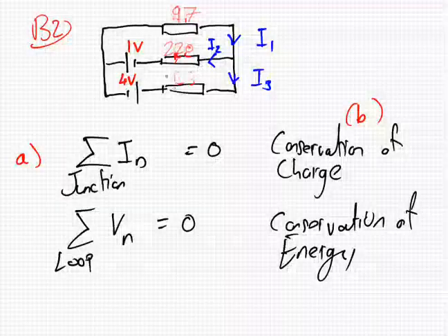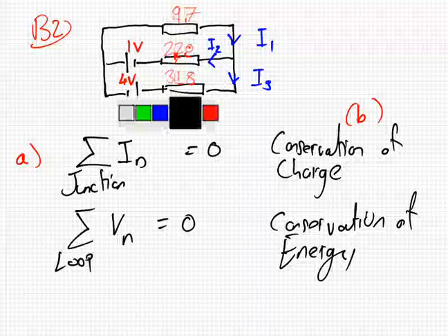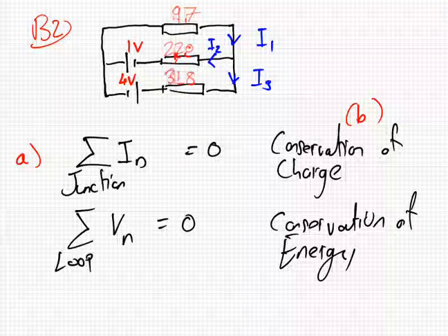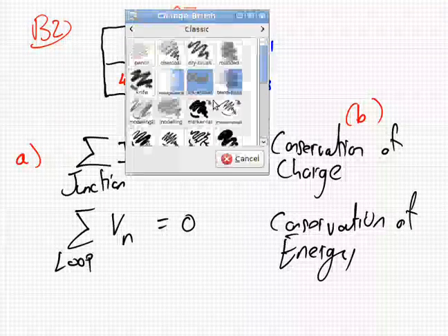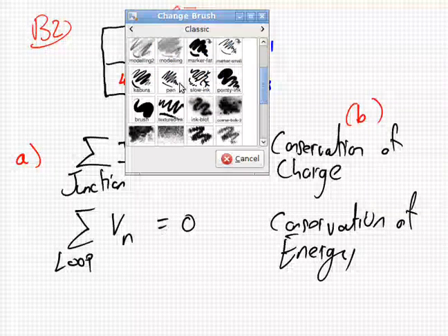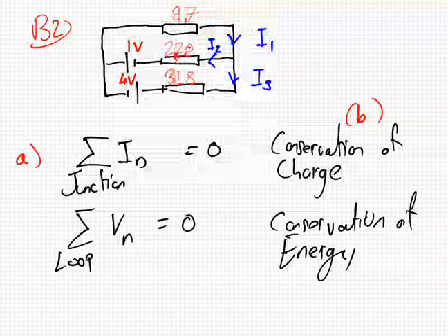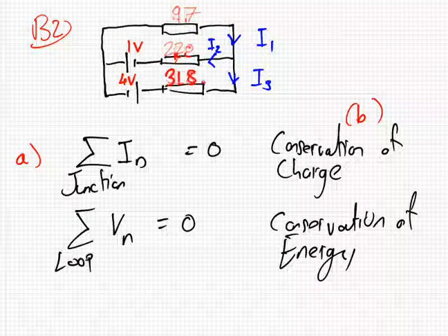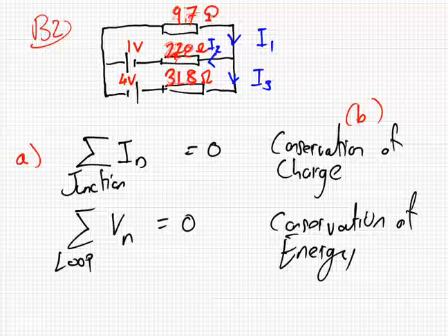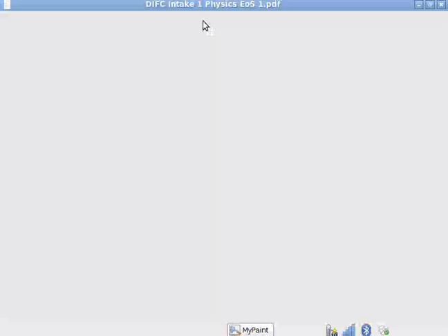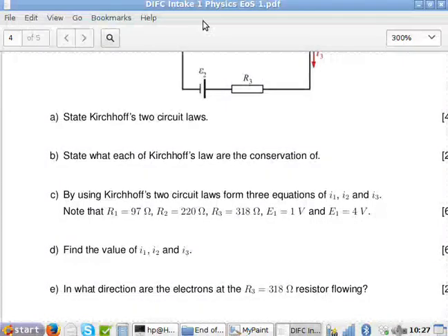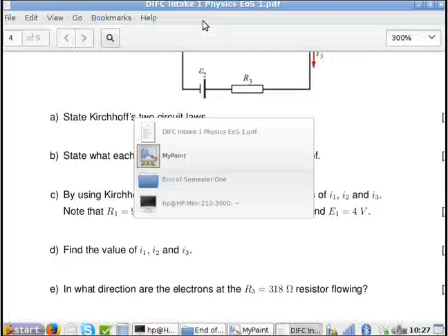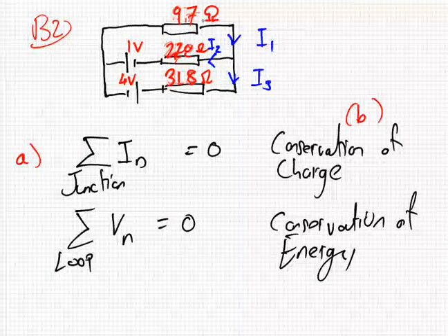So the distance is the speed multiplied by the time. So 0.7 multiplied by 2, that's 1.4 meters. Now that's the distance between the antinode and the antinode, which is not one full wave. If you look here carefully, it's only half a wave. So if you wanted the wavelength, it'd be twice this.